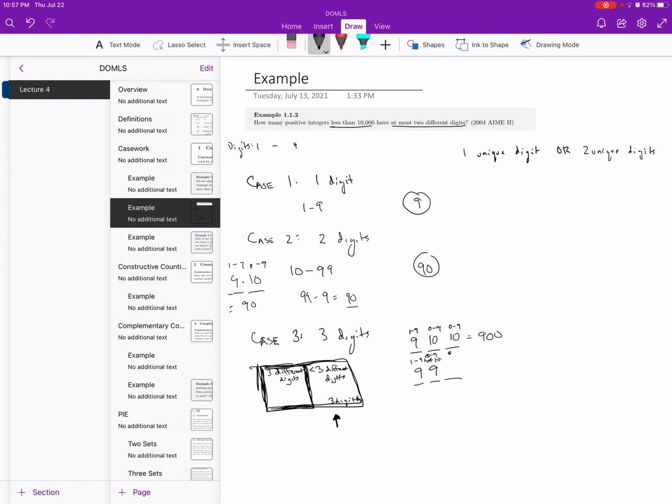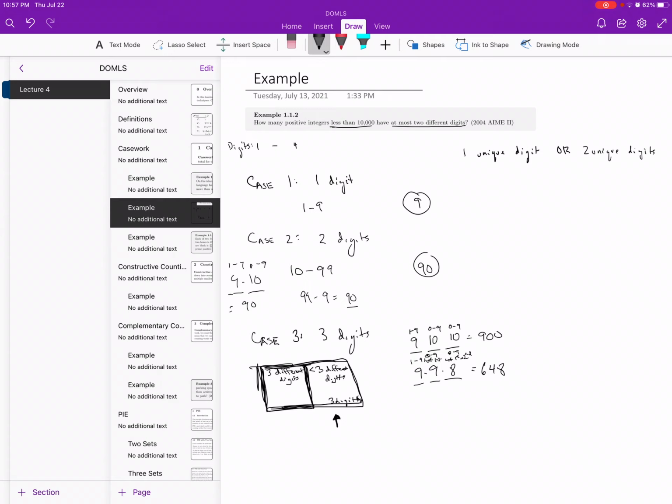Now for this last one, we also have 0 through 9, but not first or second digit. So we have 8 ways to choose this last digit. So in total, we have 9 times 9 times 8, which is 648 different ways for this case.